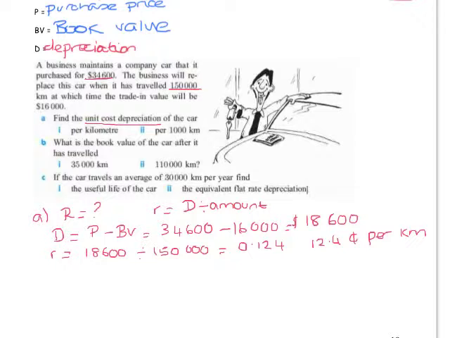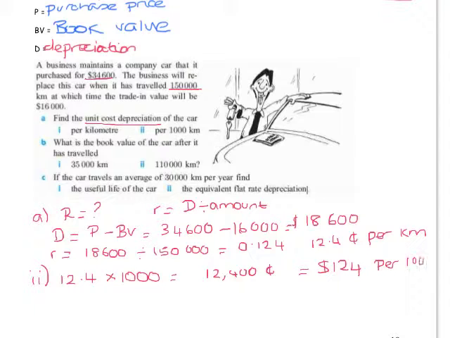To find the unit cost depreciation per 1,000 kilometres, we do 12.4 times 1,000, which is 12,400 cents, or $124 per 1,000 kilometres.